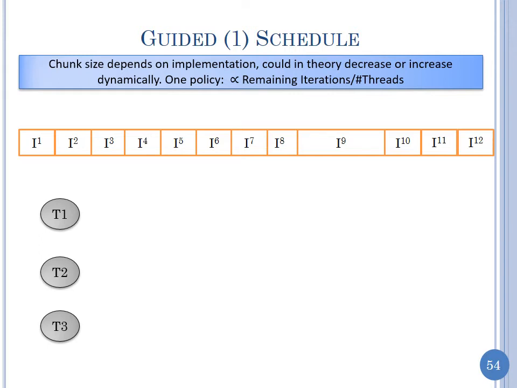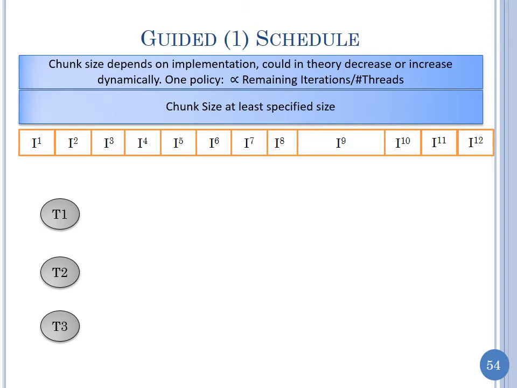So let's see what that means. And like dynamic and static, there is a step size associated with the policy, and that is the least, the smallest size of the segment. So it'll never go below that.